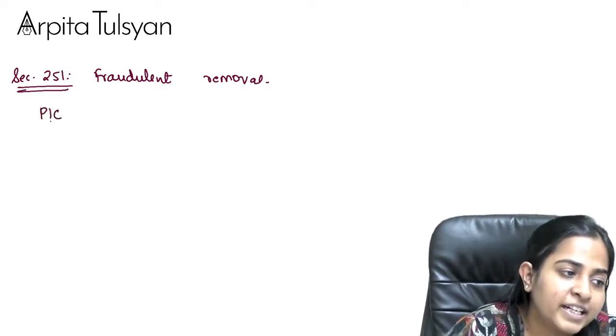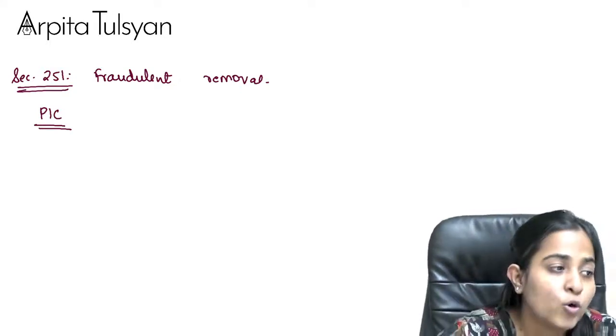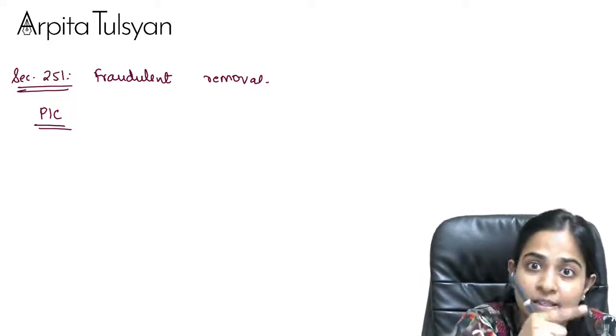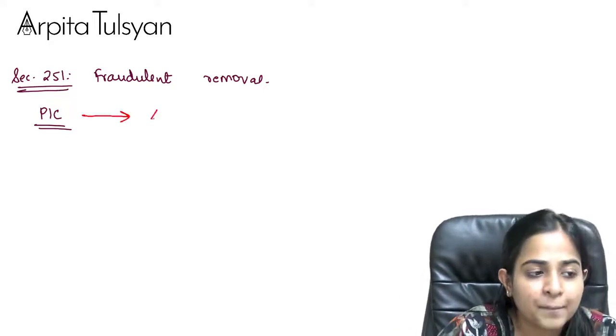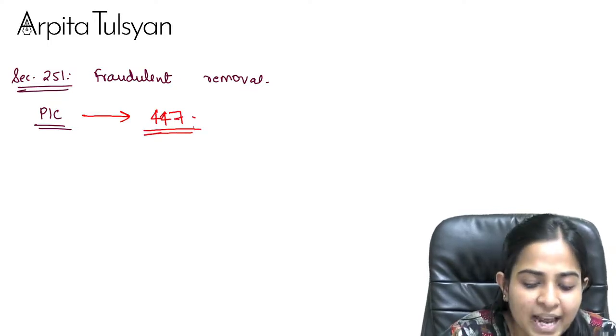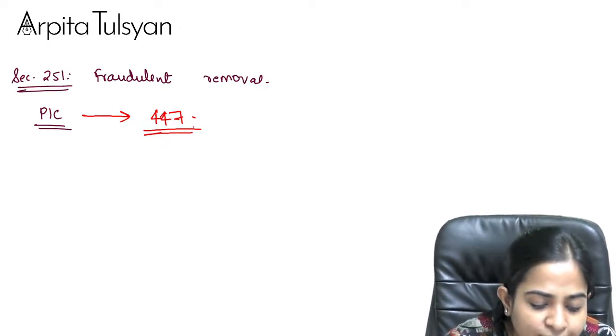Then the persons in charge in the management of the company, not only one, everyone who took this particular decision, will be liable for fraud, punishable under section 447.